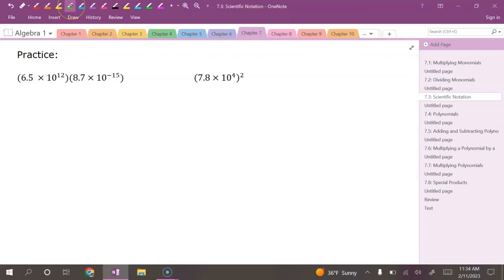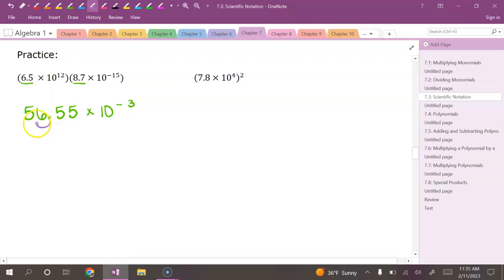So for this first one, I took 6.5 times 8.7. I got 56.55. Then that's times 10. I had to add, so 12 plus that negative 15 comes out to be negative 3. I'm not quite in scientific notation yet.